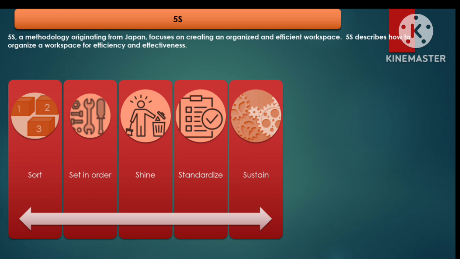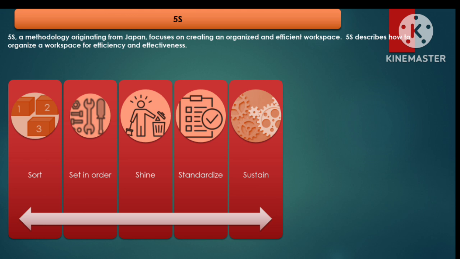It focuses on creating an efficient and effective workspace. This also helps in removing waste and providing high quality work. In my opinion, 5S is one of the best continuous improvement tools in Lean Six Sigma. We have 5 steps in the 5S method: sort, set in order, shine, standardize, and sustain.